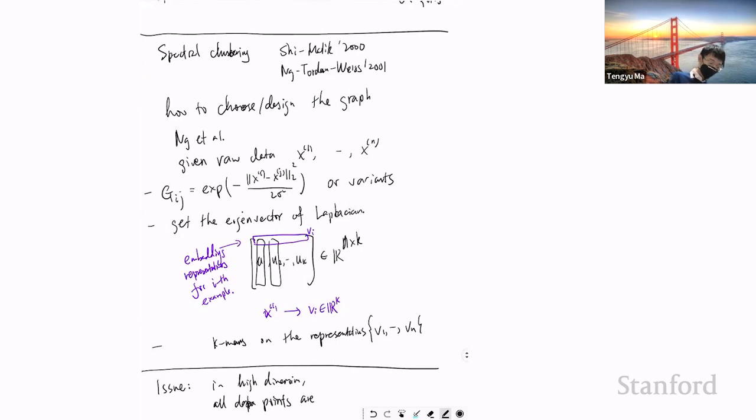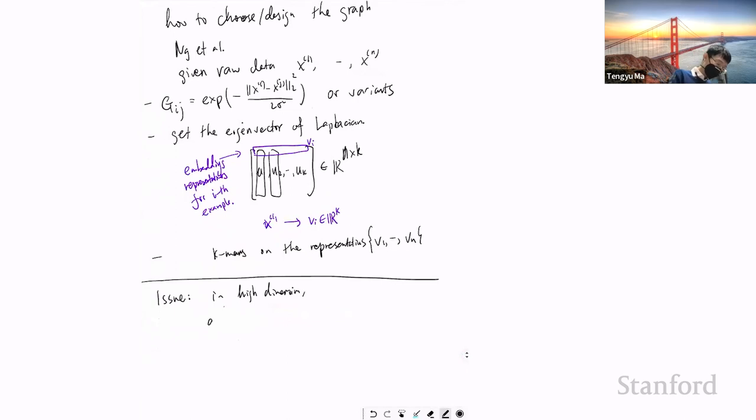So the Euclidean distance between these training data points becomes pretty much meaningless, because if you take the Euclidean distance of a cat and a dog versus the Euclidean distance between a dog and a dog, you probably wouldn't see much difference, because two random dogs could still have very big Euclidean distance.